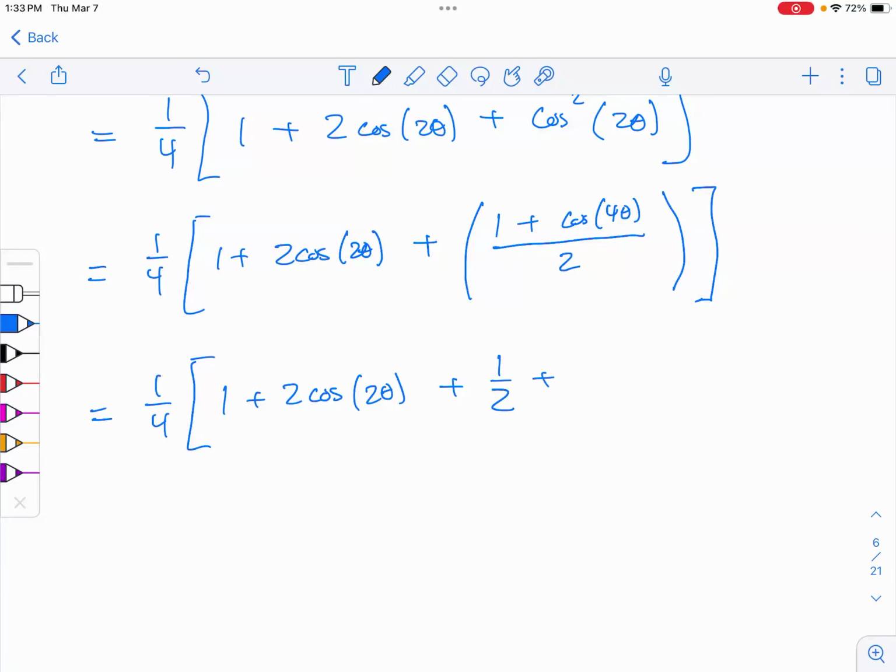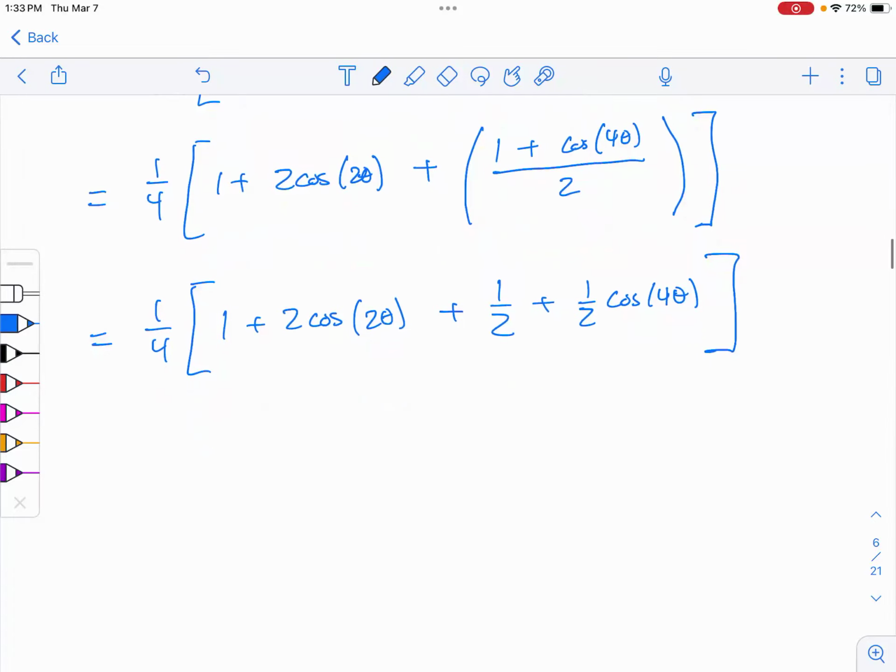All right, I'm gonna break this up because we got a lot going on. All right, and then last up, let's multiply that 1/4 through.